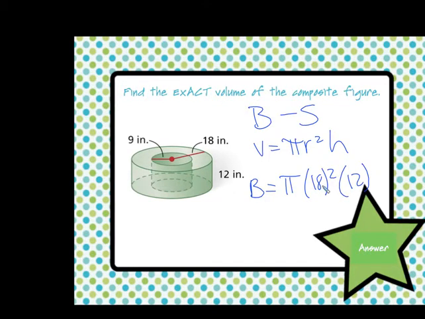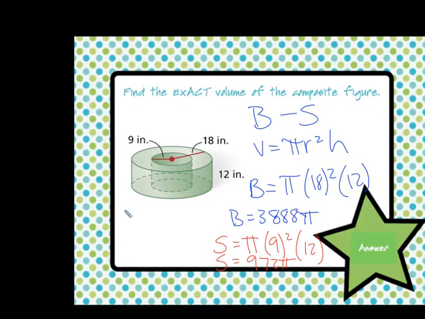So 18 squared times 12 is 3,888 pi. And then the volume of the small cylinder is going to be pi 9 squared 12. 9 squared times 12 is 972 pi.